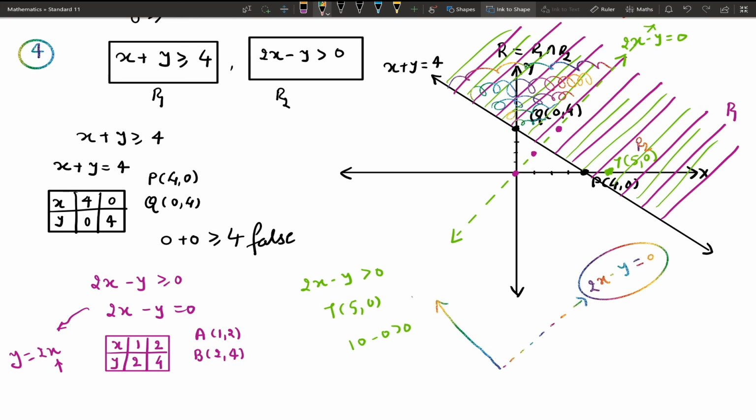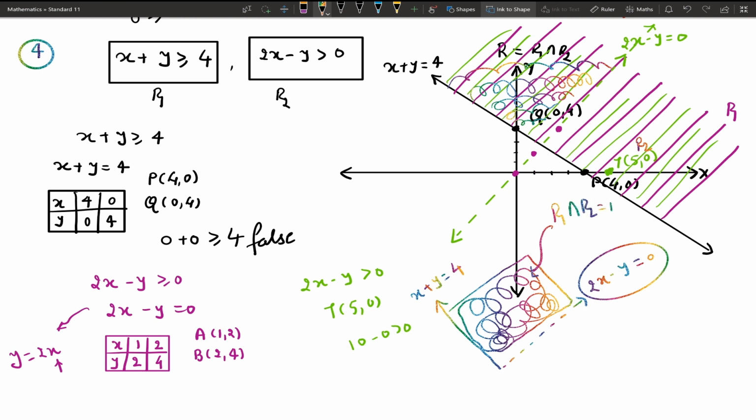This is x plus y equal to 4. This portion, which we have denoted separately, is R1 intersection R2. This is the portion R1 intersection R2, that is our region R.